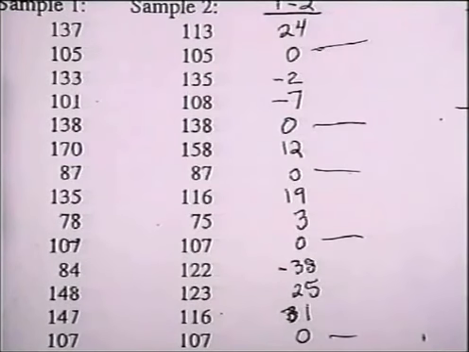If you're on TI, you go 2, go to the plus minus button, and then use the sigma plus button to enter it in. And so I would go 24 sigma plus, 0 sigma plus, 2 plus minus sigma plus, 7 plus minus sigma plus, 0 sigma plus, etc. Okay? You go down and you enter all of these items into your calculator.